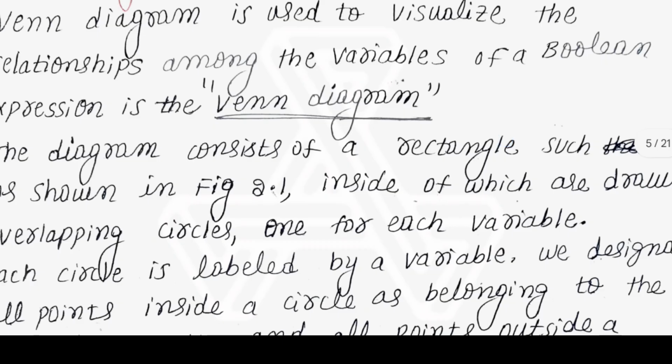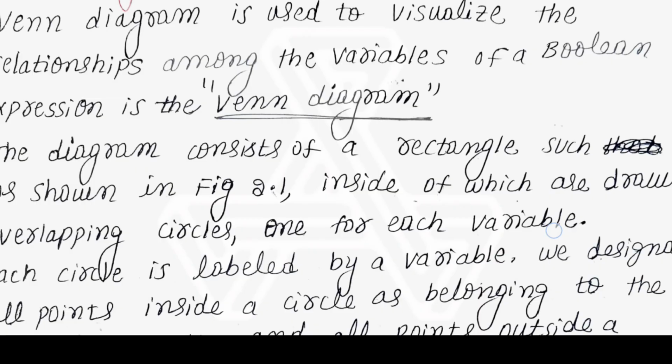Venn diagrams. A Venn diagram is used to visualize the relationship among the variables of a Boolean expression. The diagram consists of a rectangle, such as this figure, inside of which are drawn overlapping circles, and each circle is labeled by a variable.